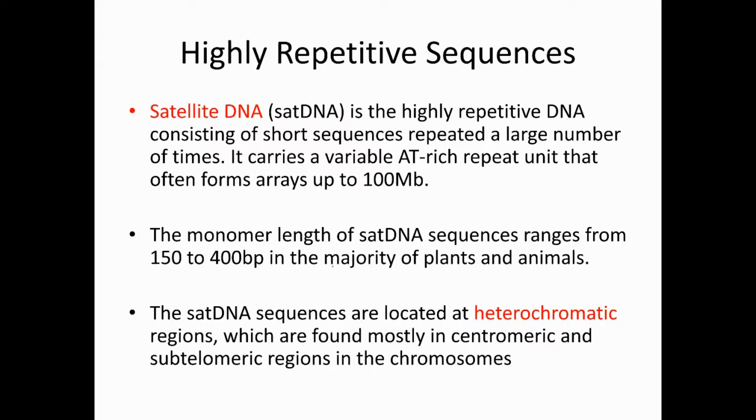Satellite DNA is located in heterochromatin regions and is found mostly in the centromere and subtelomere regions of the chromosome. So you can find satellite DNA in the centromere and also the telomere.